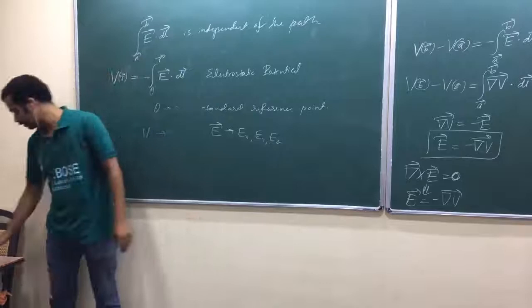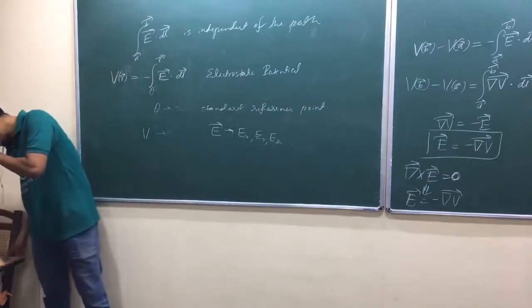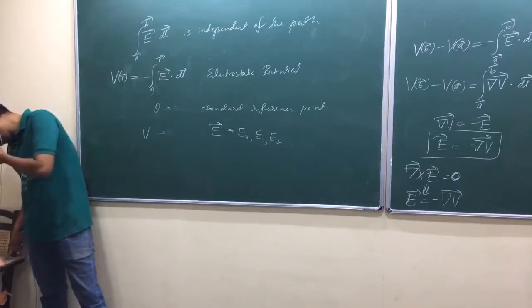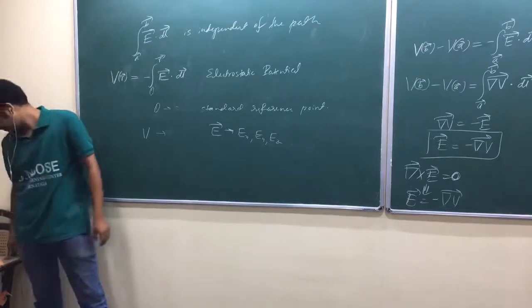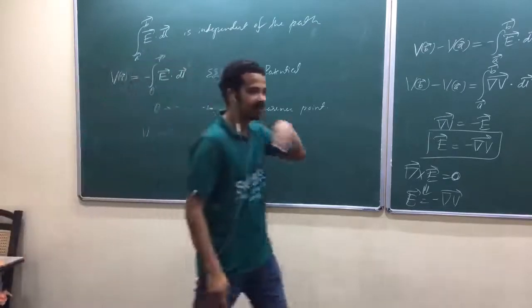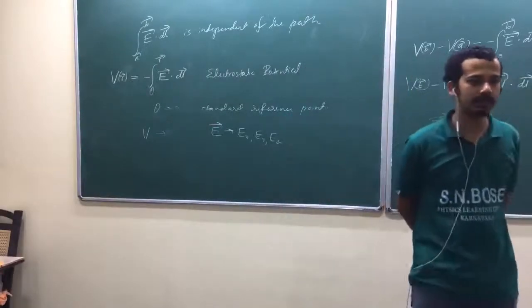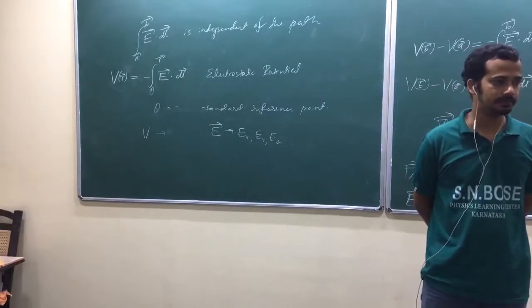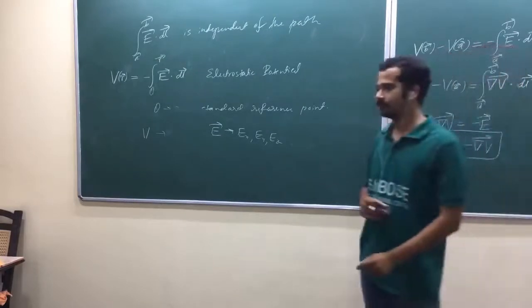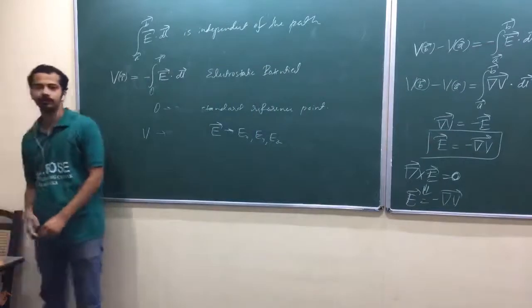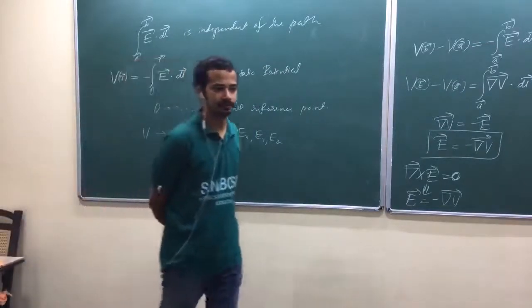How? The question is, can you write down: how does a scalar contain all information about three components of a vector? Question mark. Yeah, how?